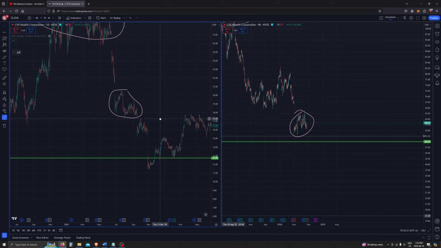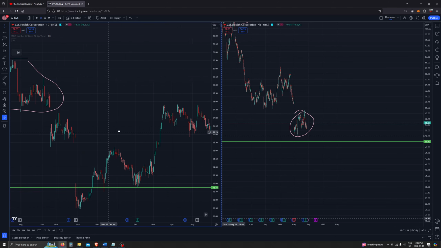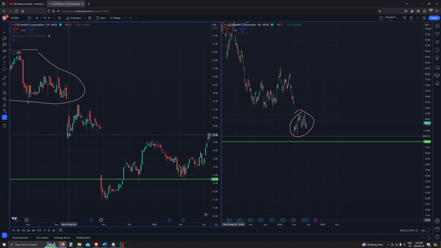This pattern right here, even though it looks very similar to this one, so does this one. And I'm actually inclined to believe this pattern is a little bit more similar to that one. So I'm going to circle that one too.